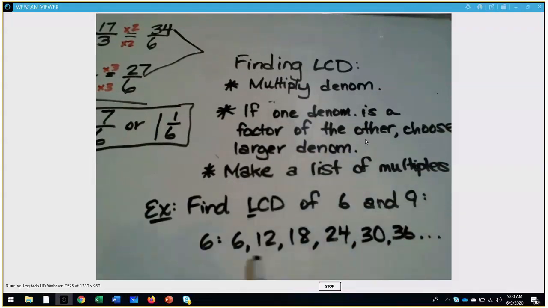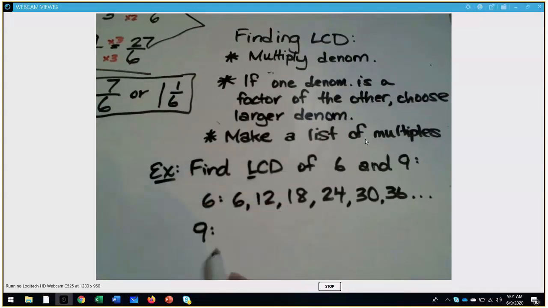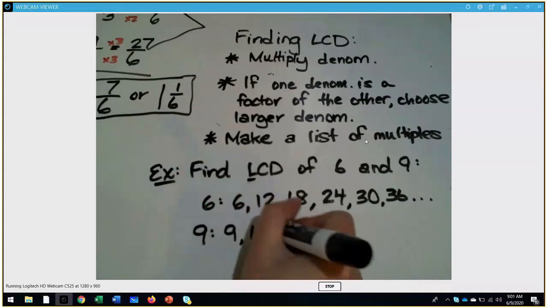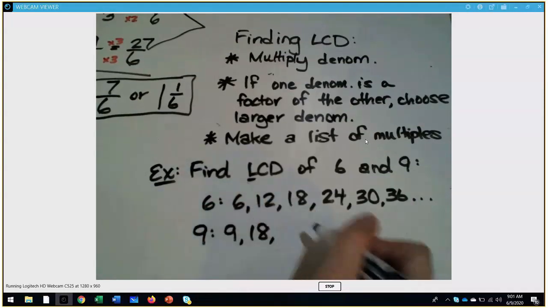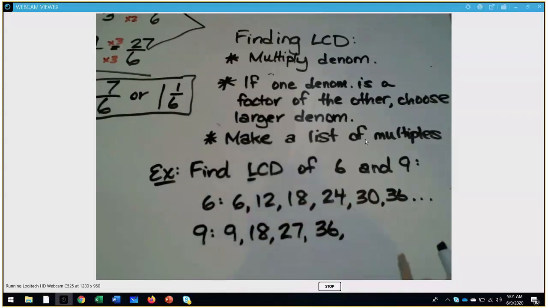The list of multiples will never end. Just make a list of a few and see what happens. For 9, multiples of 9 start with 9, then 18, then 27, 36, and that keeps going.